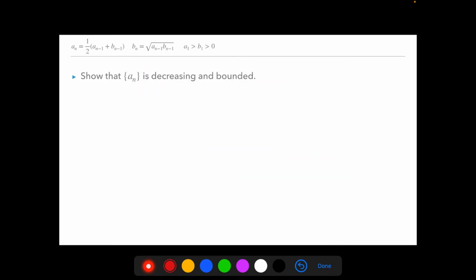Now, let's show that a sub n is convergent. First, let's show that it is decreasing. So, why do we think it's decreasing? It's decreasing because a sub n is the average of two numbers. And the two numbers are b sub n minus 1 and a sub n minus 1. And their average must be in between, right?